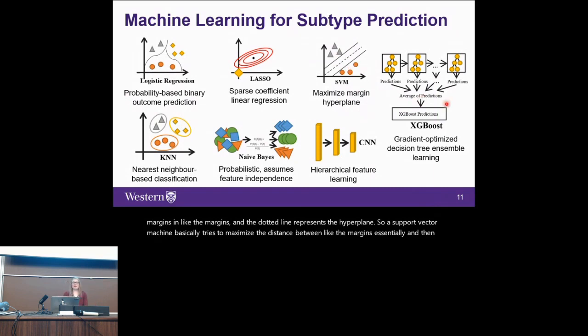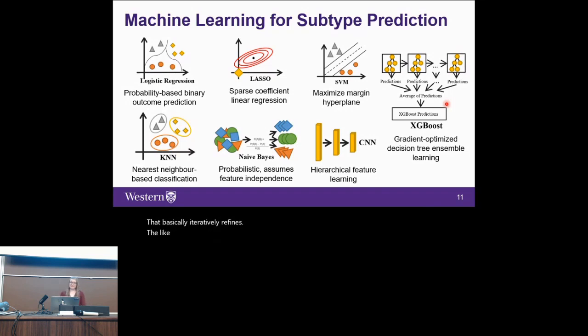And then we have XGBoost, which is a gradient optimized decision tree ensemble learning method that iteratively refines the predictions. Then we have k-nearest neighbors, where we implement the majority vote.